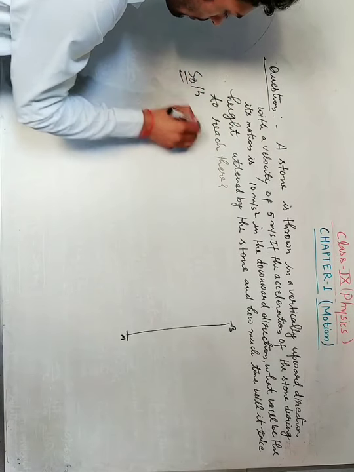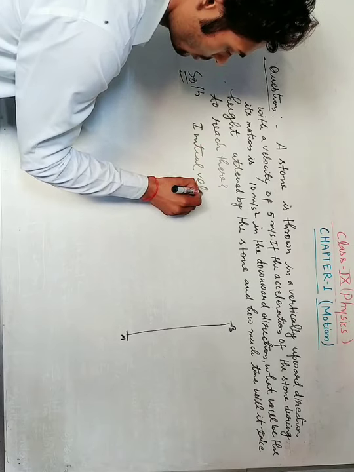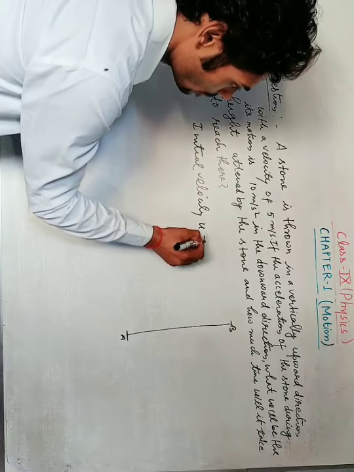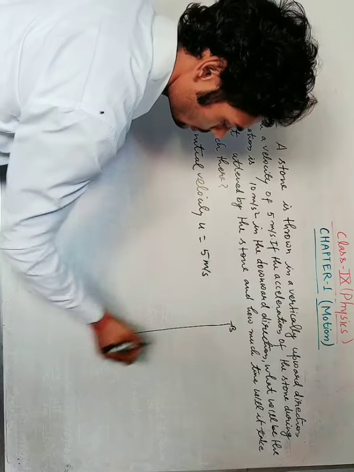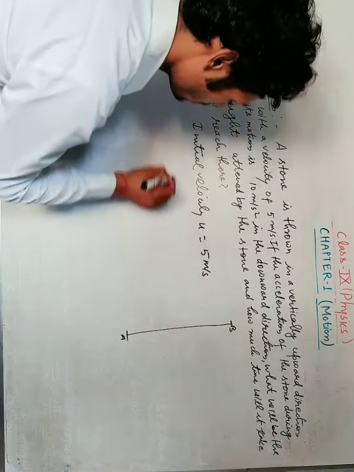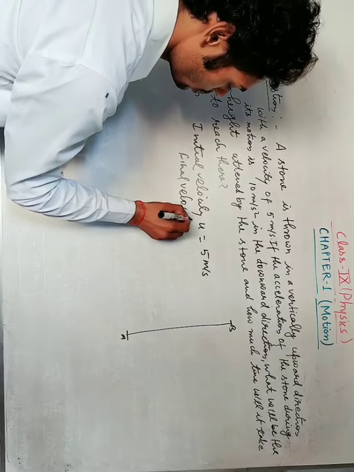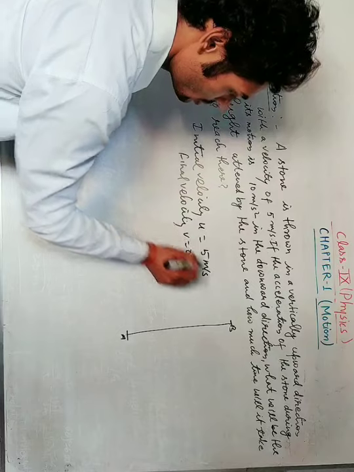and a stone is thrown vertically upward with velocity. Then, solve. Initial velocity u equal 5 meter per second, and final velocity, here given, v equal 0.